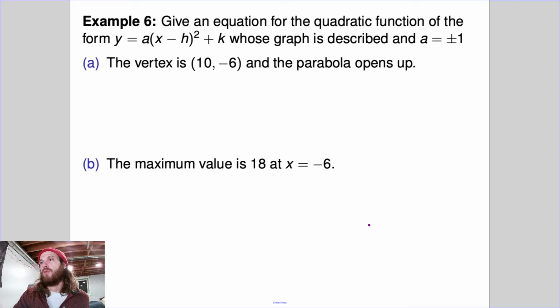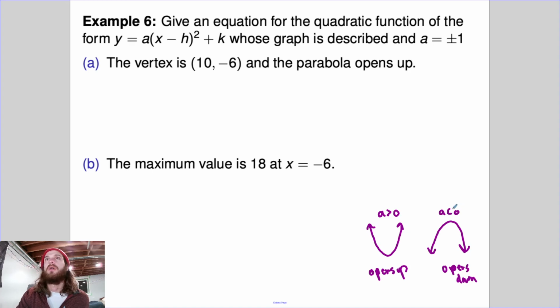And just so you remember, we talked last time about opening up and opening down. When we say opens up, we mean this shape. Opens up is when a is positive, opens down is when a is negative.